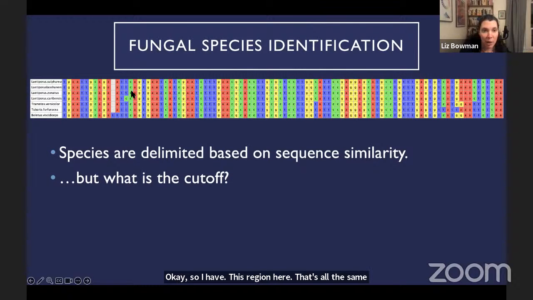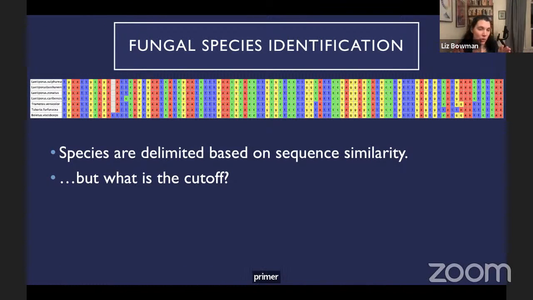So I can make a primer that starts at this G, and it's GAATC, and so on, all the way down to the end. That way, when I sequence and put that primer in, it will amplify this one region that I know is unique to latyporous.